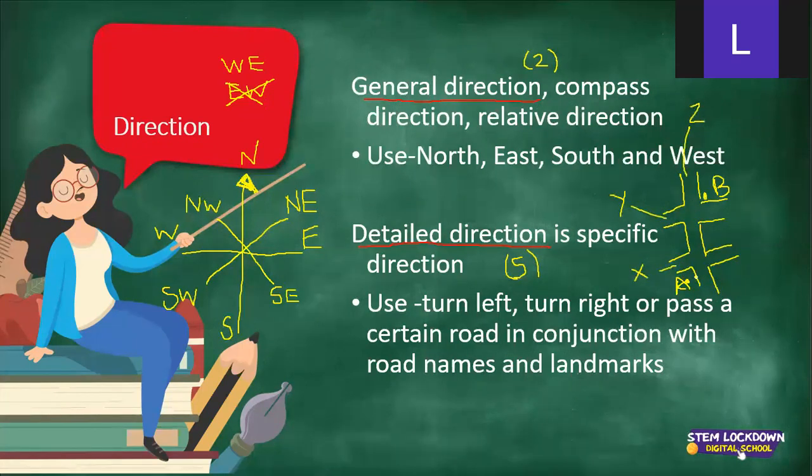Now from this point, you tell your friend to enter and turn left. Why is this left? What is important for direction? You must use your imagination and place yourself on top of A. I like to use my fingers.